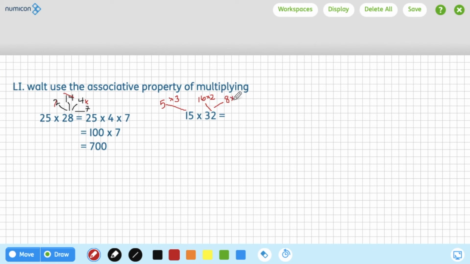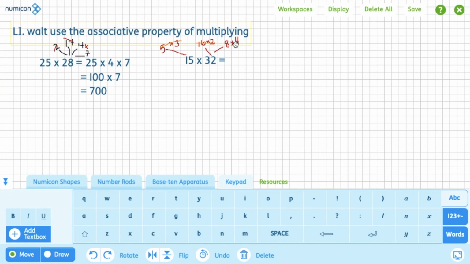Okay, so let's have a think about what would work best for us here. I'm thinking 4 times 15 is a nice easy 60. So maybe we'll leave the 15 and use these ones. So then we won't use these ones or these ones. We'll just think about 4 times 15.